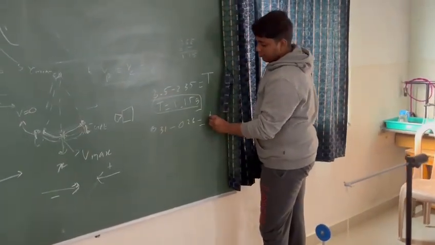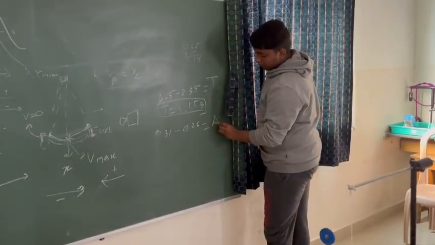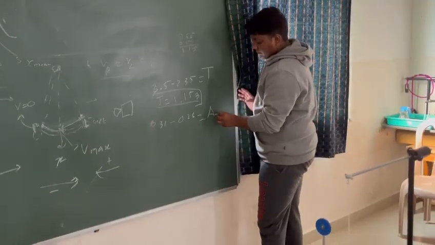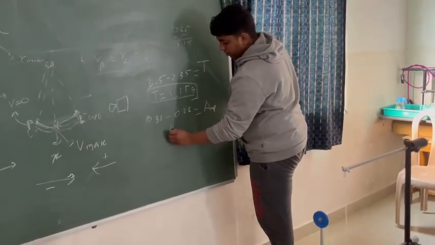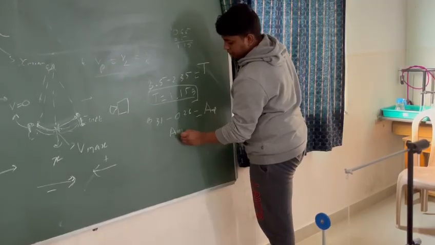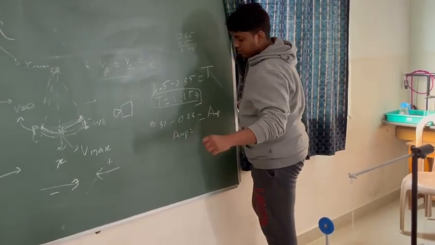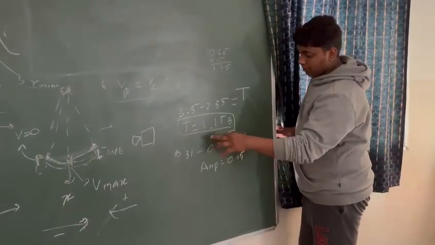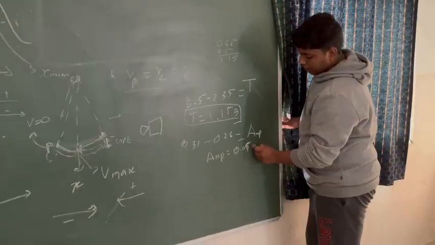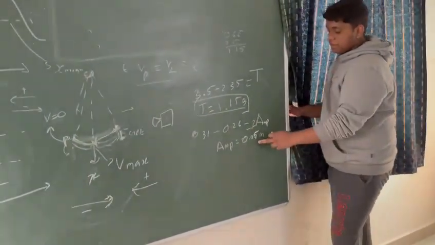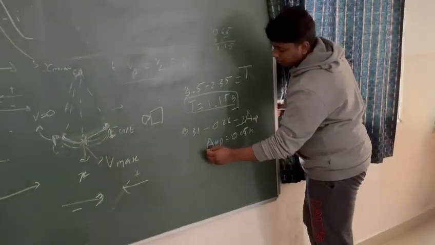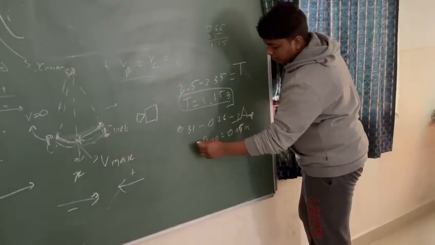Now after subtracting this, we get 0.05, which is actually twice the amplitude.